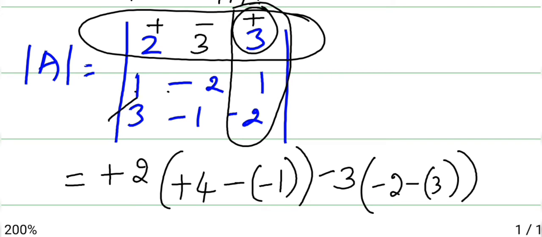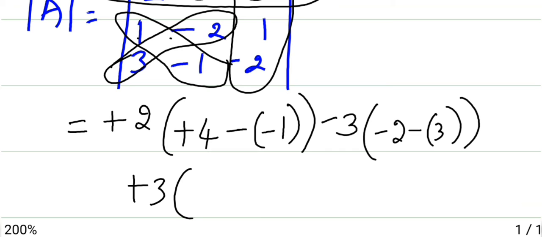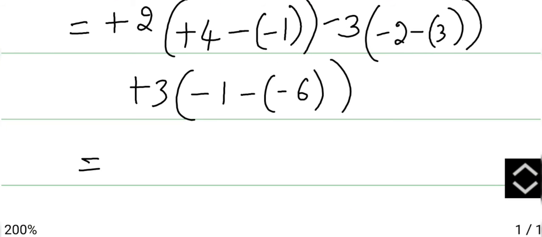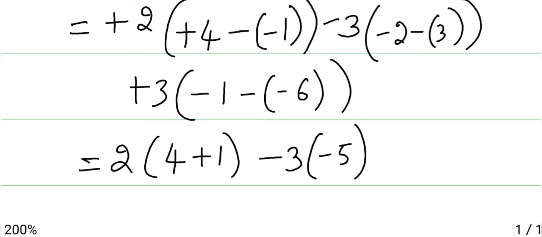So the left out terms you will cross multiply. So it will be plus 3 into minus 1 minus of 3 2s are 6, minus 6. So solving this we get 2, 4 minus into minus is plus 1, minus 3, minus 2 minus 3 is minus 5, plus 3, minus 1, minus into minus is plus, and this is 6.